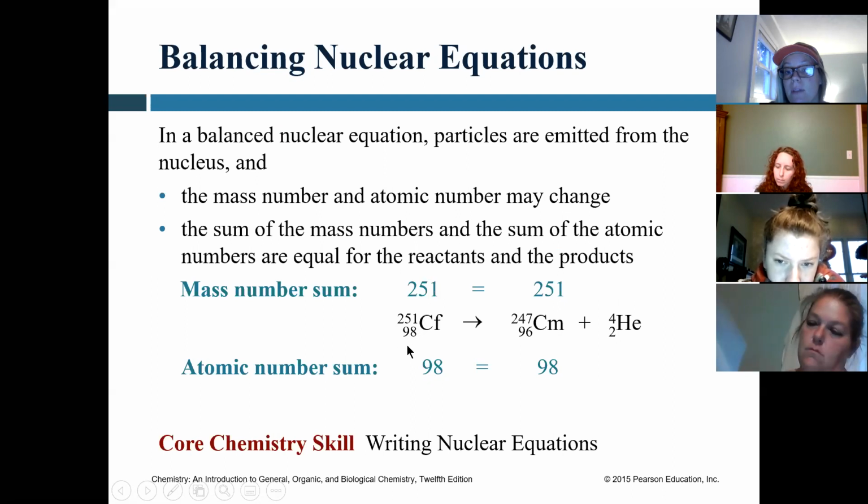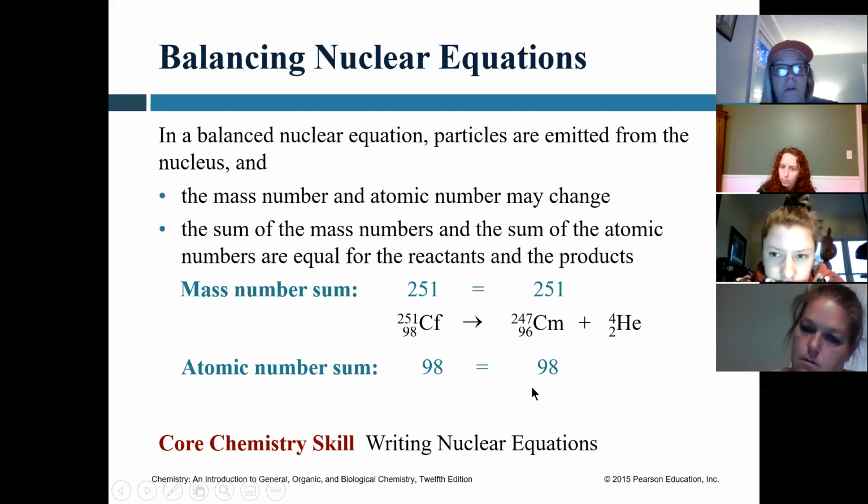It has an atomic number of 98. That means that whatever's produced on the other side, the two top numbers will also need to equal 251, and the two bottom numbers will also need to equal 98. And in that case, that is correct. So if this is undergoing alpha decay, we've got 247 and 4, which gives us the 251. We've got 96 and 2, which gives us the 98.